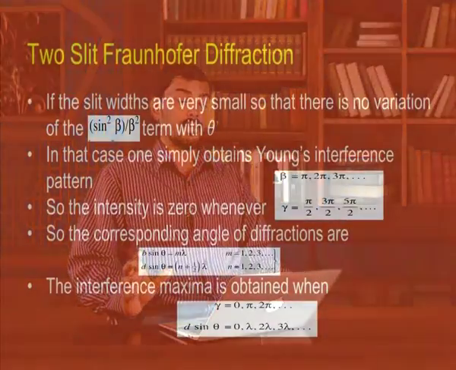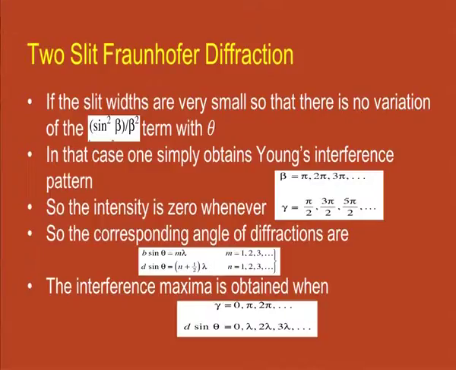Now, if the slit widths are very small, so that there is no variation of the sin square beta by beta square term with respect to theta, one simply obtains Young's interference pattern.